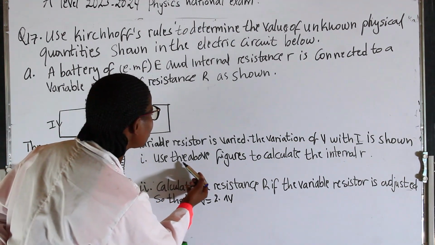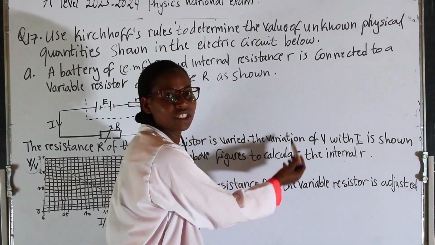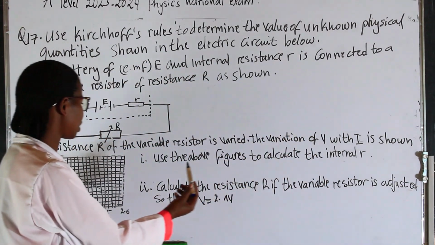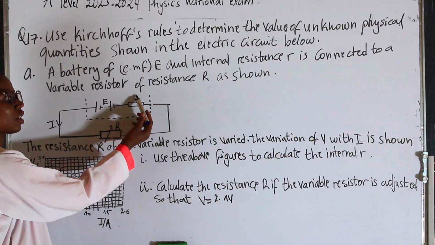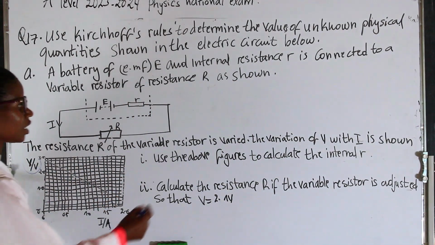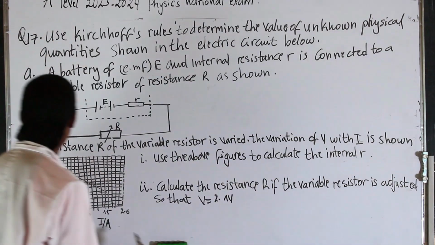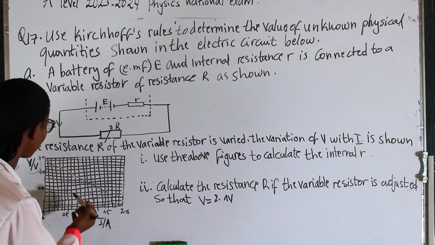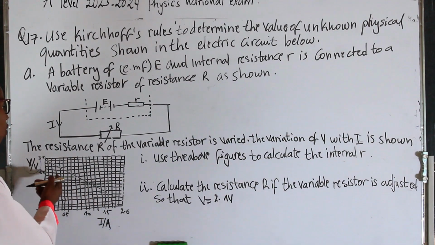Then use the above figure to calculate the internal resistance. We are asked to calculate the internal resistance by using this graph. This internal resistance is equal to minus the gradient on this graph.